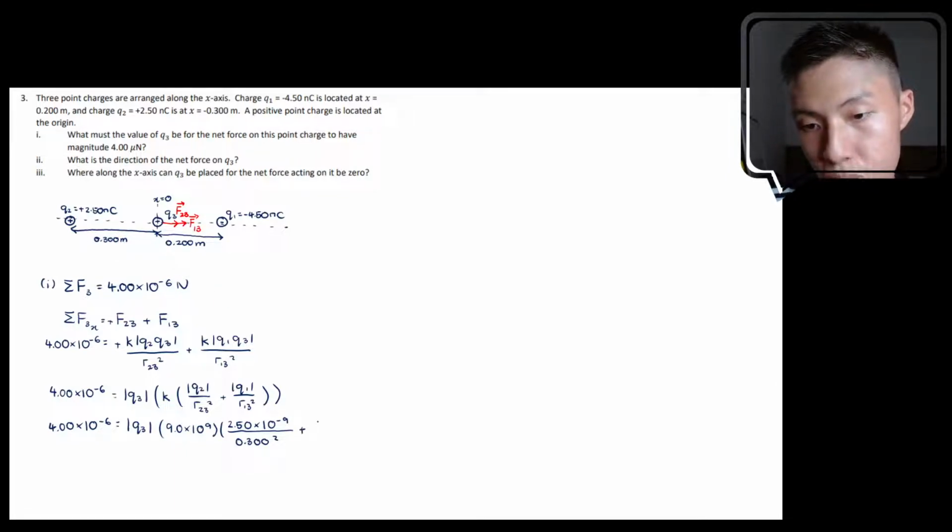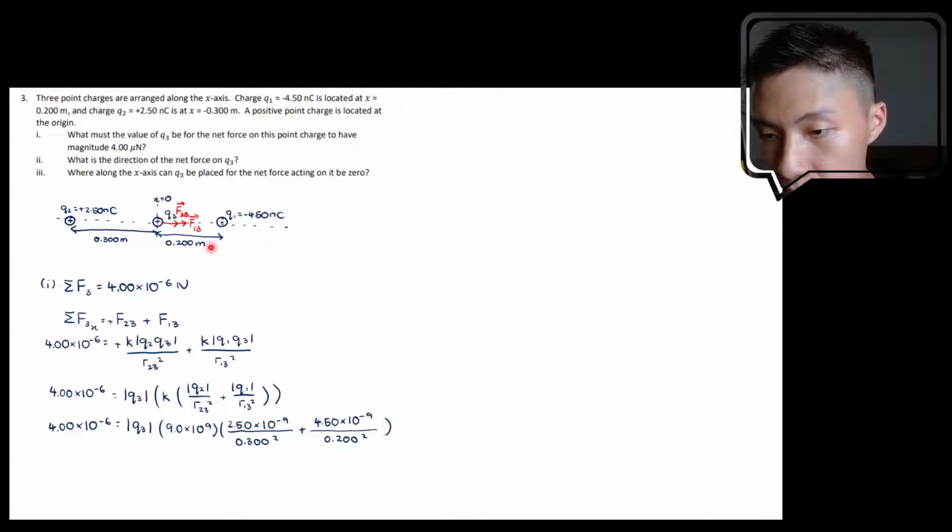R23 is 0.300 squared. The distance between 2 and 3 is 0.300. Plus Q1 is negative, but since there's a modulus, we don't care about the sign. So 4.50 times 10 to the power of -9. The distance between 3 and 1 is 0.200 squared.